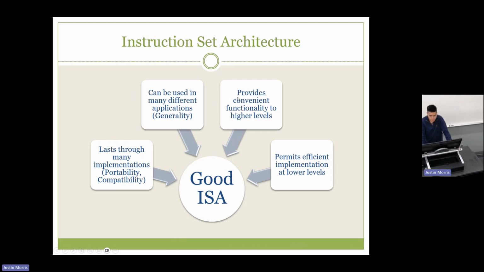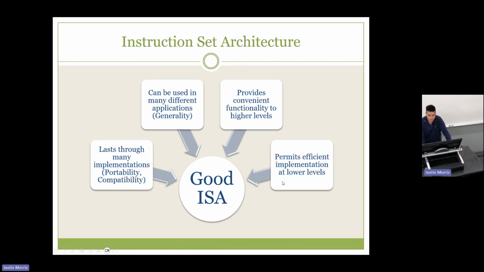And we also want to make sure that it provides convenient functionality to higher levels. So that goes back to the compiler being fairly good at optimizing, and the high-level programming language also being convenient for the programmers. But at the same time, we want to allow efficient implementation at the lower levels, this being mostly the architecture level.